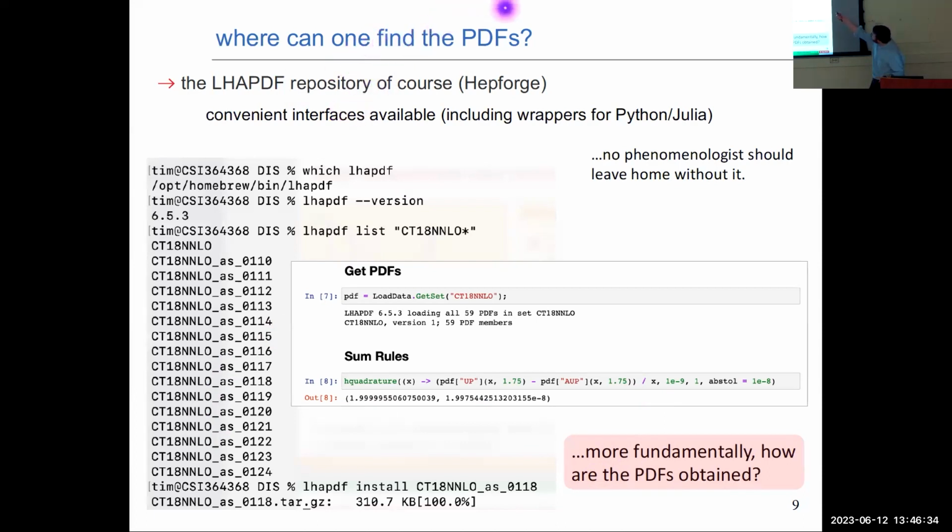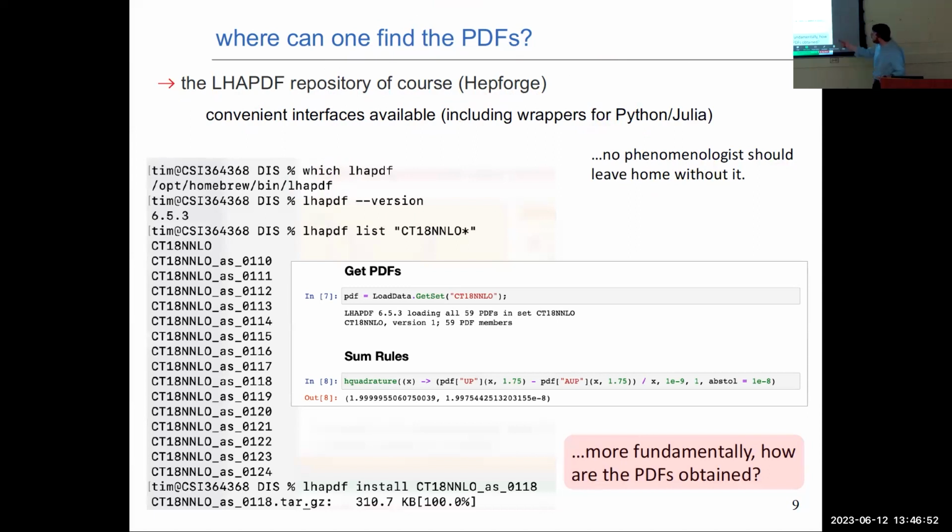So the PDFs are in fact available in the LHAPDF repository on HepForge, for instance. There are a lot of handy wrappers, including for Julia, that work also with Python. So as I said, no phenomenologist should leave home without having some knowledge of how to do this sort of thing.